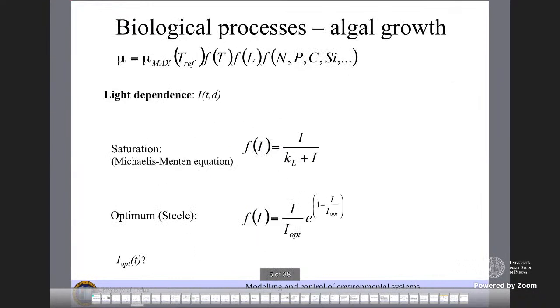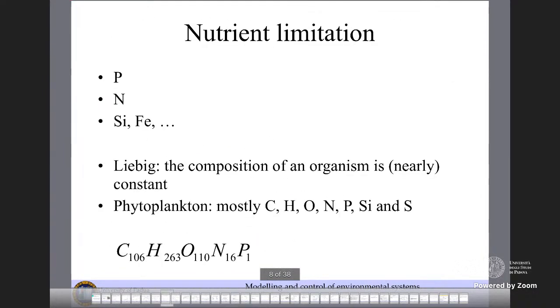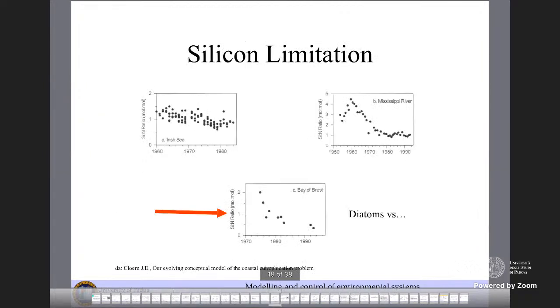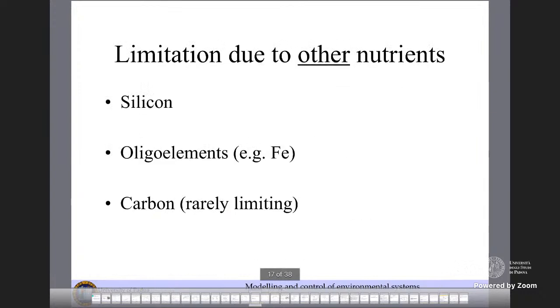Diatoms are algae that contain an internal skeletal structure that is made up of silicates, essentially. This is why silicon may be a limiting nutrient for diatoms.